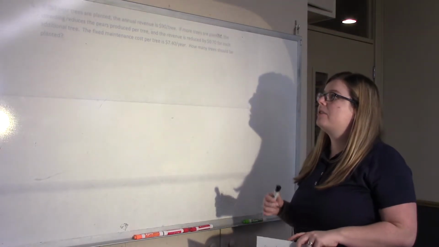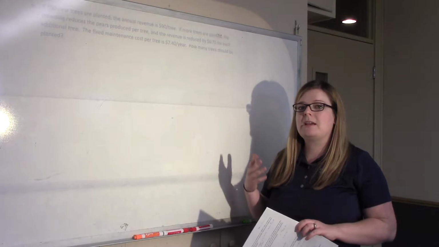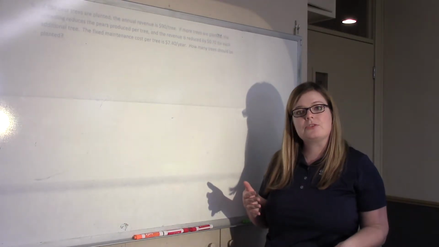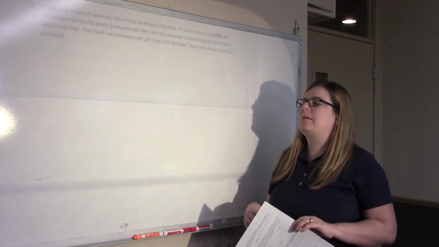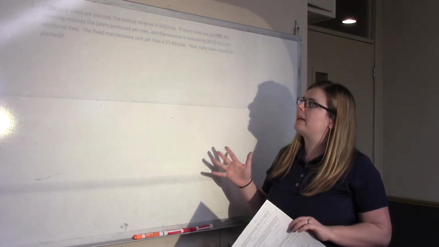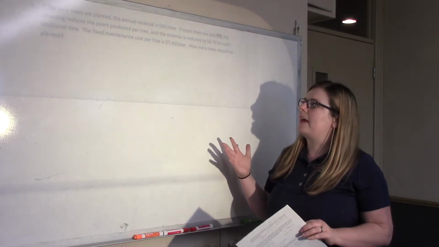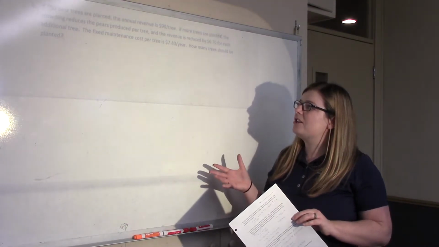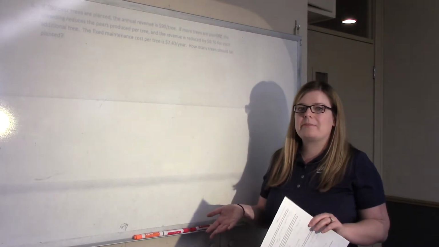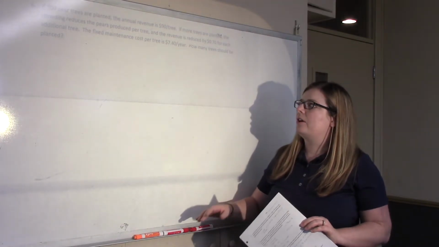Okay, so this is a typical type of problem. Sometimes it's pear trees, sometimes it's apple trees, sometimes it's stalks of corn, but it's something that's being planted or something that is causing crowding or something like that. And by changing the amount of trees that are grown, that changes the profit or the revenue.